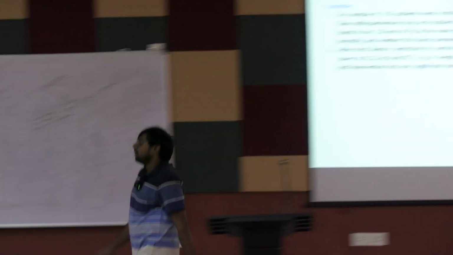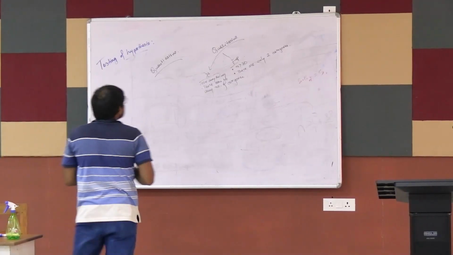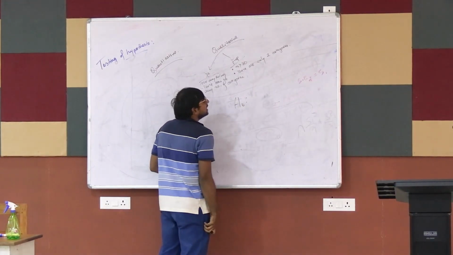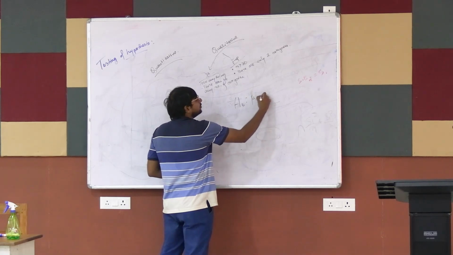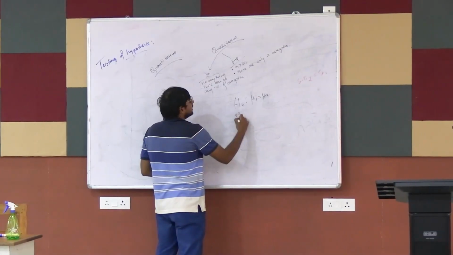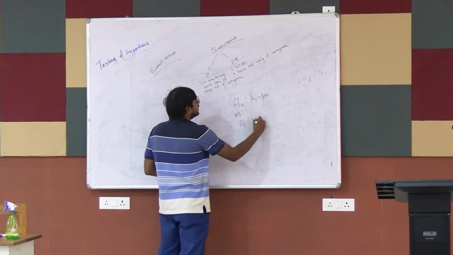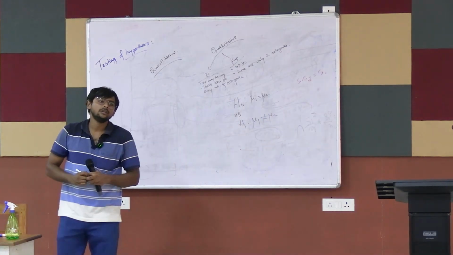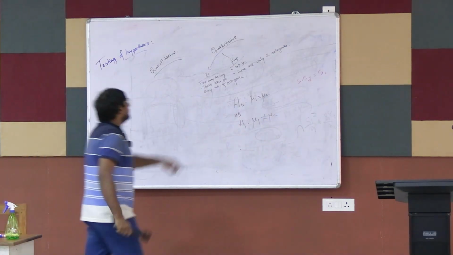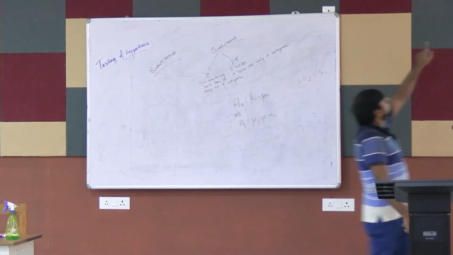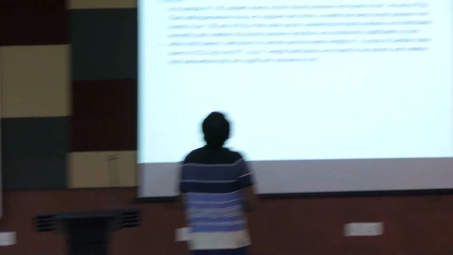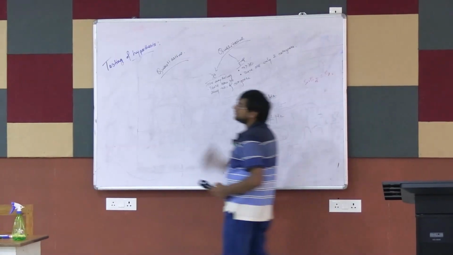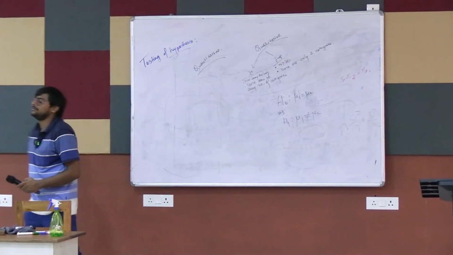Here H naught: there is no significant difference, mu1 is equal to mu2, versus the alternate hypothesis: there is a significant difference, mu1 not equal to mu2. Understood? What is mu1? The average mean of the patients before the antihypertensive drug, and mu2 is the average of the patients after the antihypertensive drug.